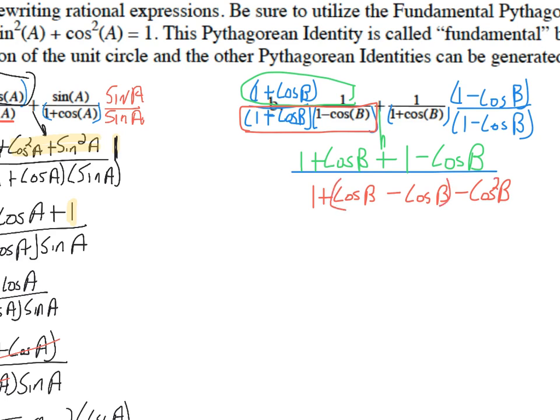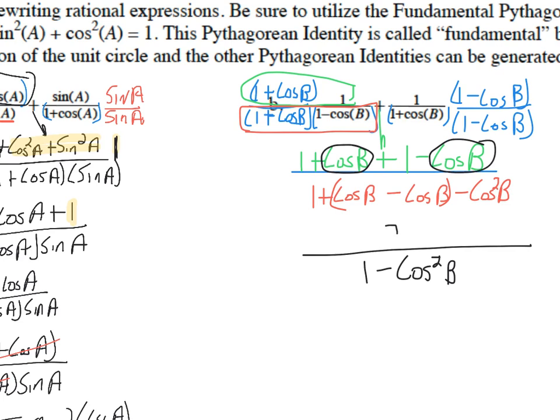Those add to 0. So now in my denominator, I have 1 minus cosine squared b. The numerator cleans up nicely because cosine b and negative cosine b add to 0. So that leaves me with 2 over 1 minus cosine squared b.